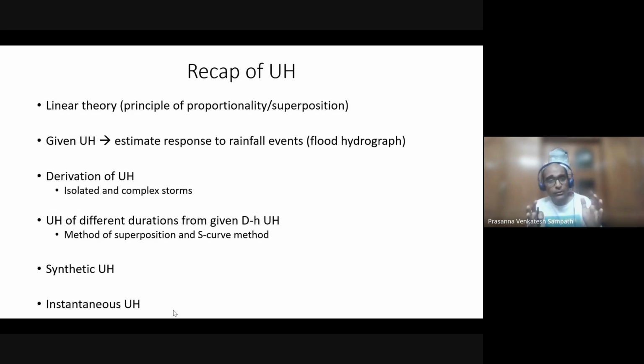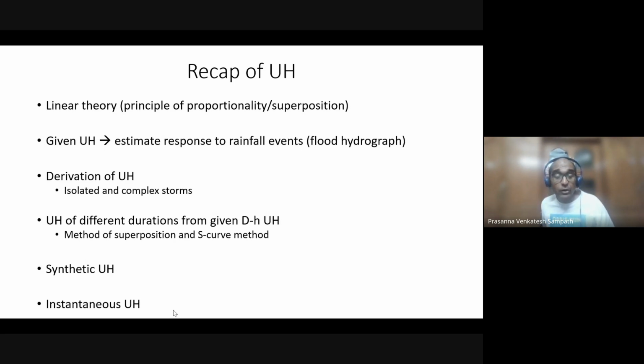The first is the method of superposition, where if I have a D hour unit hydrograph, I can find n times D hour unit hydrograph, subject to the condition that n is an integer. So if I have a 2-hour unit hydrograph, I can find a 4, 6, 8, 10, 12 hour unit hydrograph.